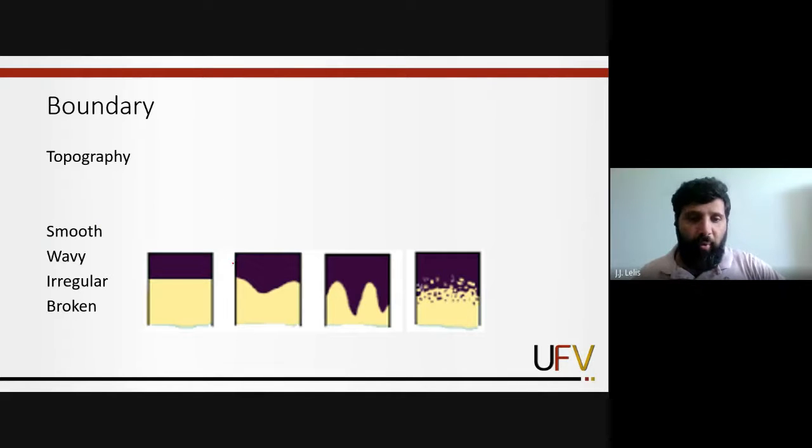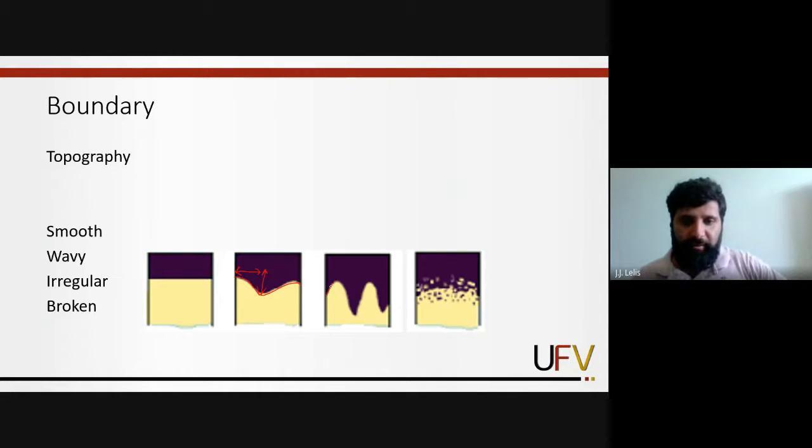We have wavy topography, a wavy transitional, when the width is higher than the depth. So the depth of undulation is lower than the width, okay?